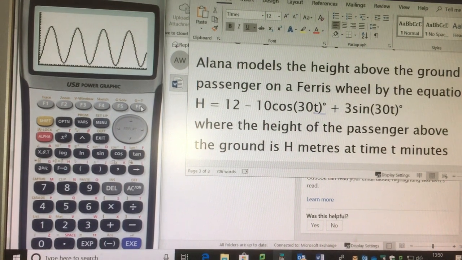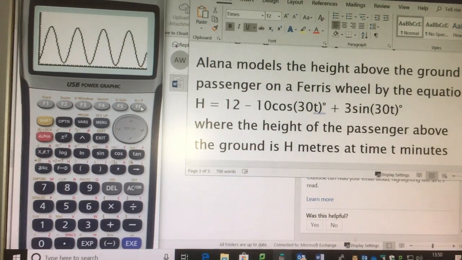I think that's kind of what you want to have on the screen in front of you. Roughly that kind of shape, the curve. Anyone need any help getting to that stage? Yeah?